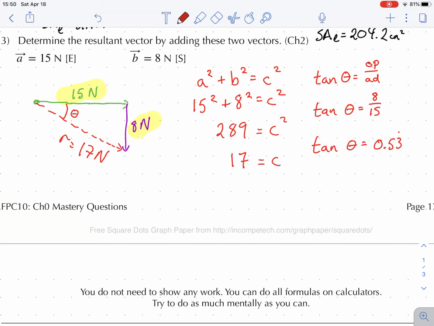So tangent of the angle is equal to 0.53, repeating 3. And then I use second function tan to get 28 degrees. All right, so let's write out our resultant vector. Our resultant vector is equal to 17 newtons in the direction of east. Then it turns 28 degrees to the south.